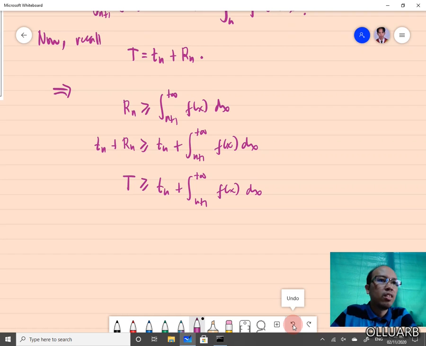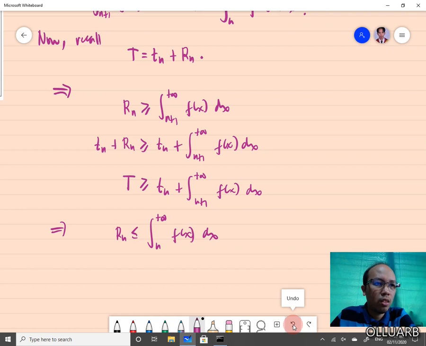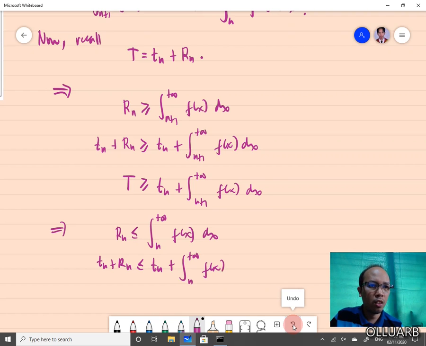Okay, so this is t. Also if you have this one, r sub n less than, that one. Okay, if you add both sides by t sub n, dx, this is our t here.